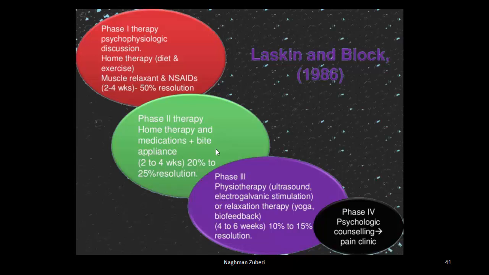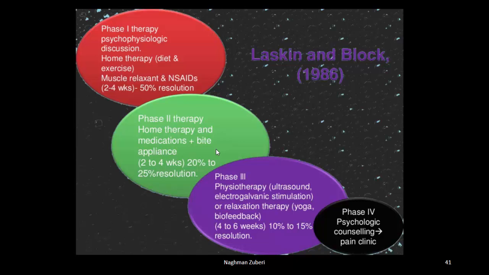What we have discussed in the last question is phase 2 therapy: home therapy and medications and bite appliance, 2 to 4 weeks. And 20 to 25% of those who are not treated by phase 1 will be treated by phase 2 therapy.